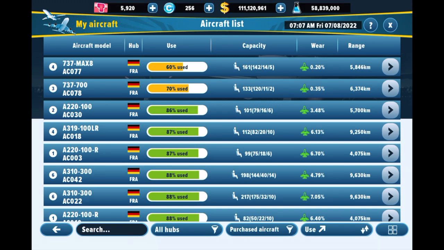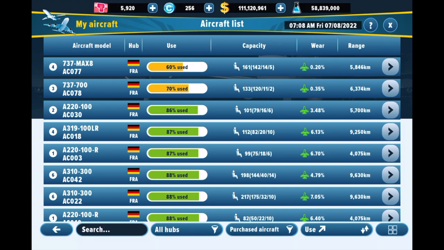Currently they are scheduled on a longer route, and I do not have a suitable short haul route available which has enough remaining demand. So probably I will buy a couple of short haul routes to fill the schedules of these aircrafts.